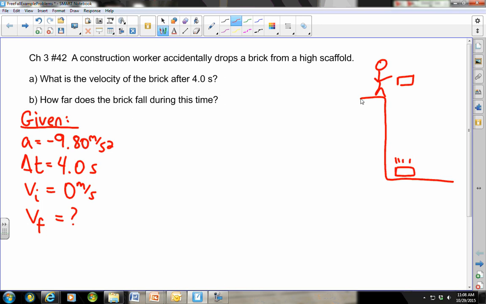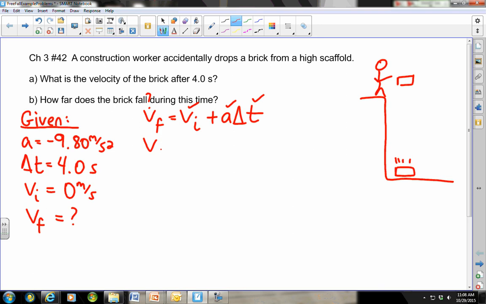Okay, so then if you look at your note card, you're going to choose a formula that would let you solve for VF. So that one is actually simple because it's already solved for VF. Because I know acceleration, I know time, I know initial velocity, and the only thing I'm missing is VF.